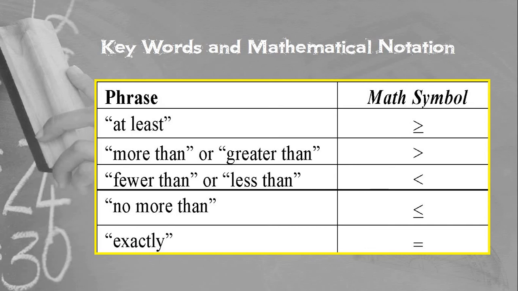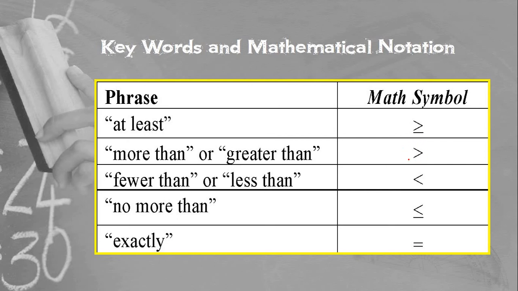A couple of key words first. When we're setting up binomial, we need to be very, very careful of which words and therefore which symbols we use. If we say at least, it means that we include that value. That's why we've got greater than or equal to. More than or greater than means that I do not include that particular value.